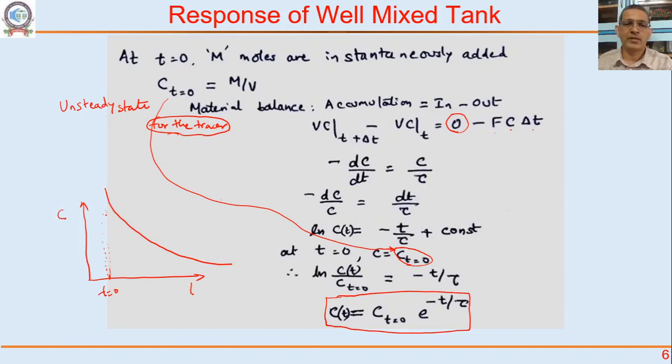Concentration at the outlet versus time. This is that equation. This would be the concentration of the tracer at time t equal to 0. It is m by V. Derive this for yourself, then only go forward.